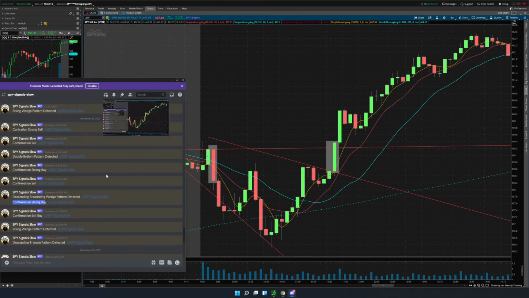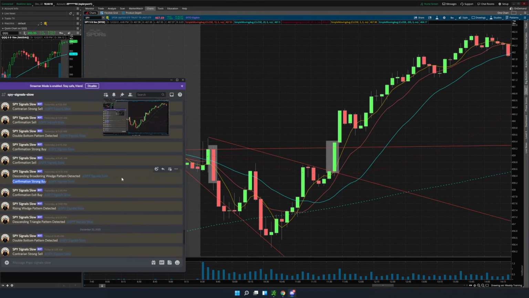And that's where the slow is good. Yes, it's going to give you less signals, but you're going to get higher confidence on the signals. And you could use the two in conjunction, right? If you look at the fast, look at the slow, see if it's told you anything that confirms. Maybe use the fast signals, but wait for your entry or size up whenever it gives you the same signal on the slow.